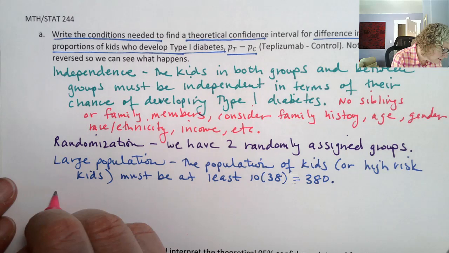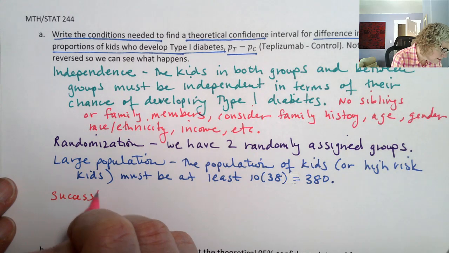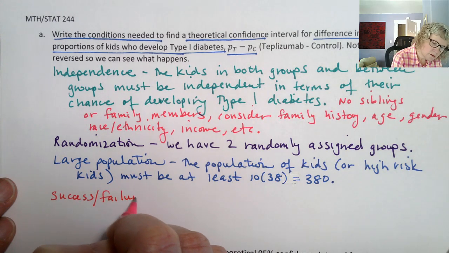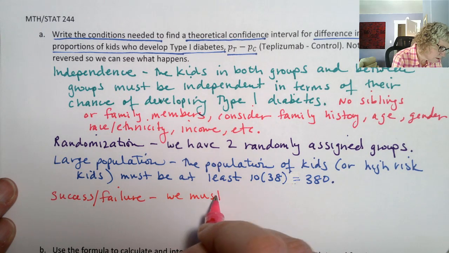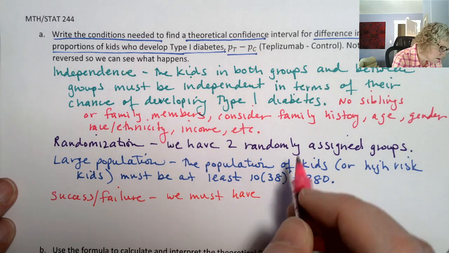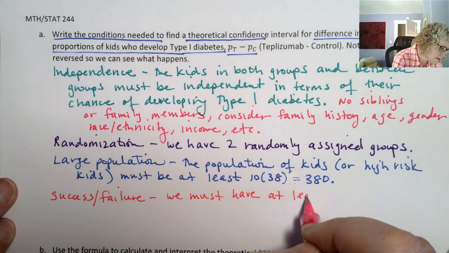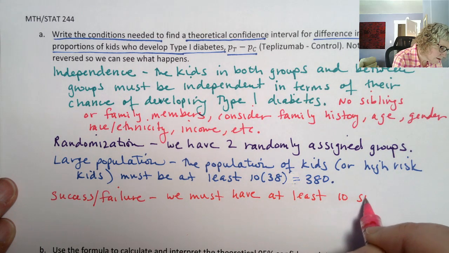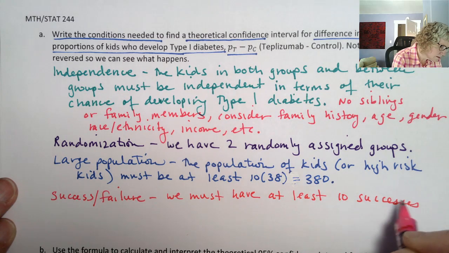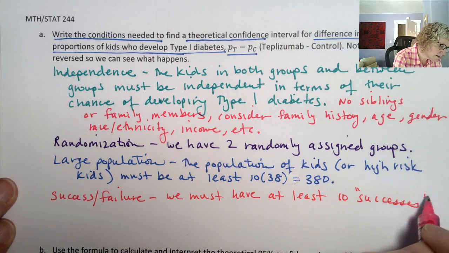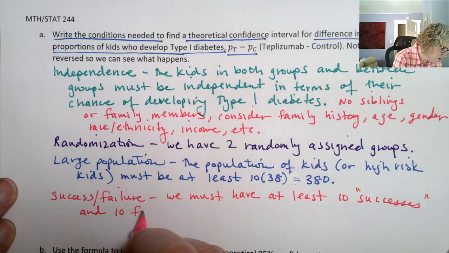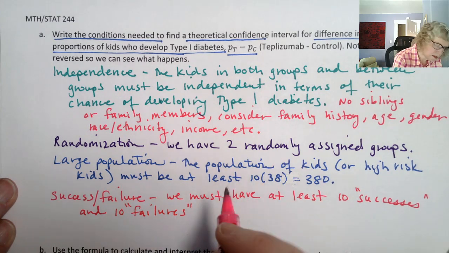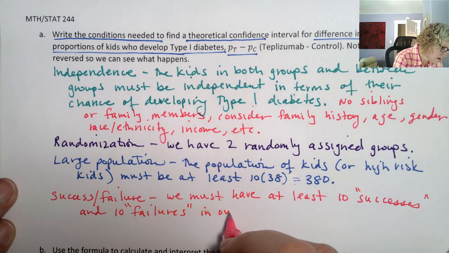And last, success-failure. We must have at least 10 "successes" and 10 "failures" in our data.